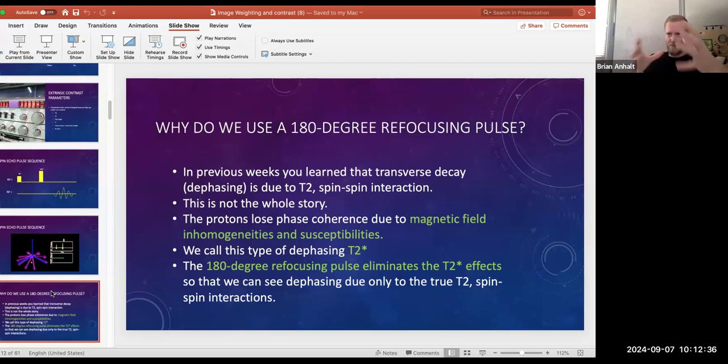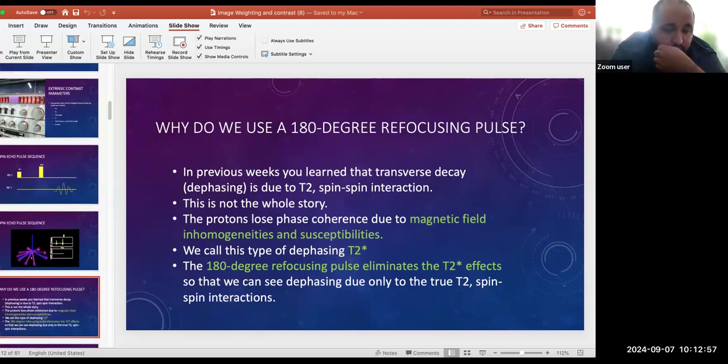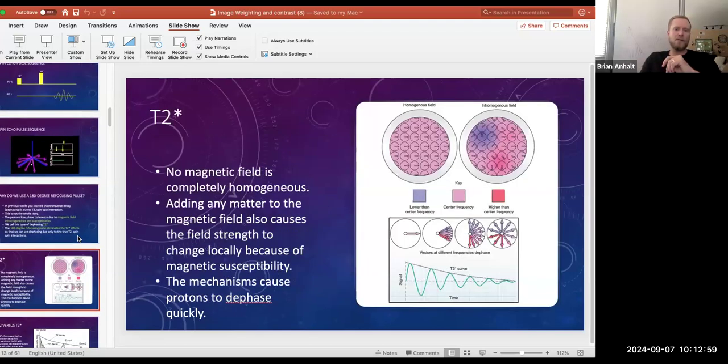We're never going to get a perfectly homogeneous magnet.